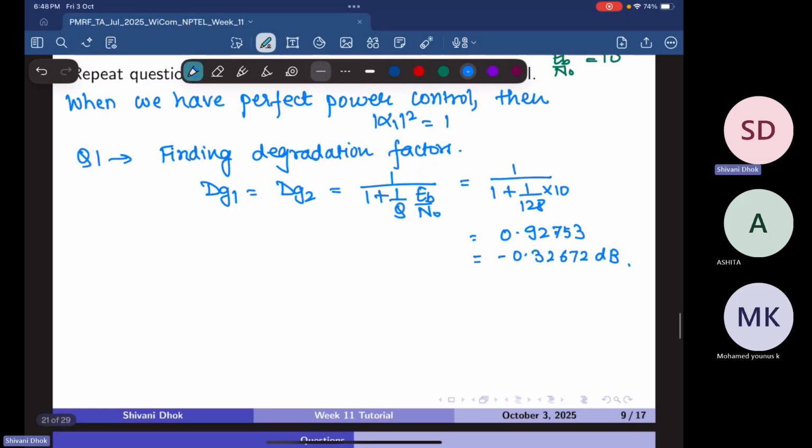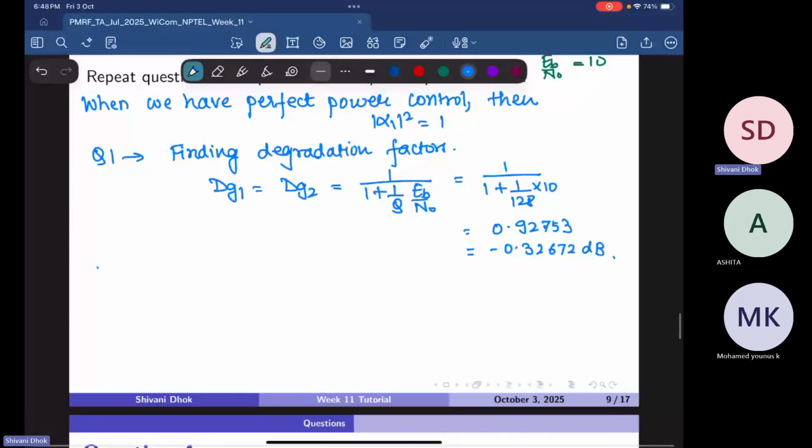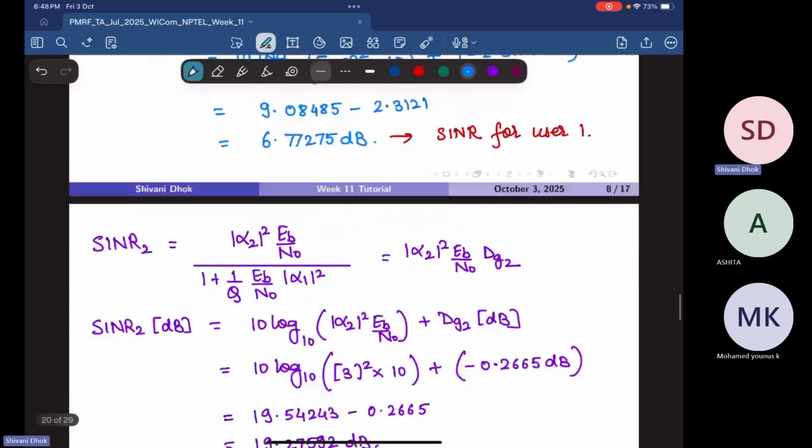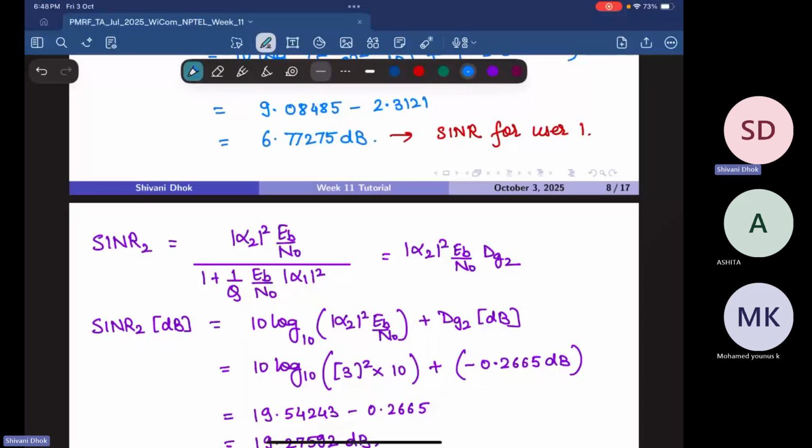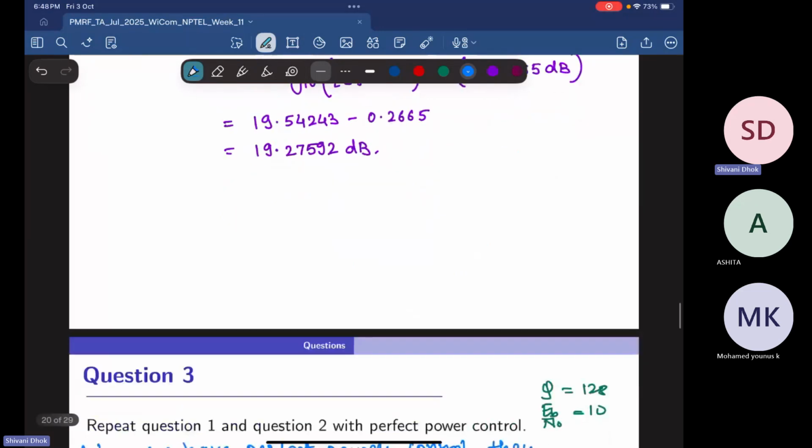Now question 2 was finding the SINRs. Once we have power control, the SINRs of both the users become the same. That can also be seen from here. If you have magnitude of alpha 1 and magnitude of alpha 2 equal to 1, in that situation your SINR 2 and SINR 1 both come out to be the same.